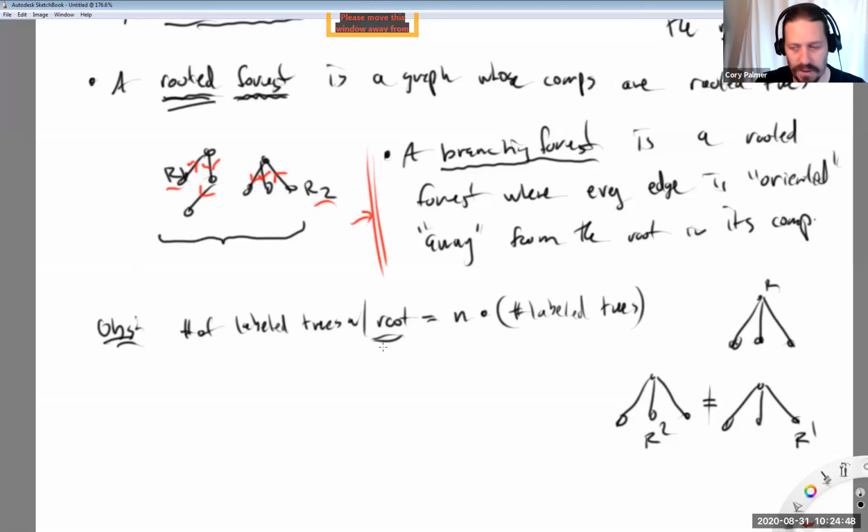Adding the root gives you n choices if you're labeled. So Eric's question is very well timed here, right? If your graph is labeled, there's n ways to choose the root. So if we count the number of labeled trees with a root, then we will get the number of labeled trees back just by dividing by n here, okay? But we actually talked about branching forests. So what's the connection here, okay?